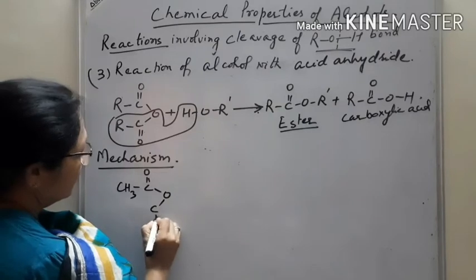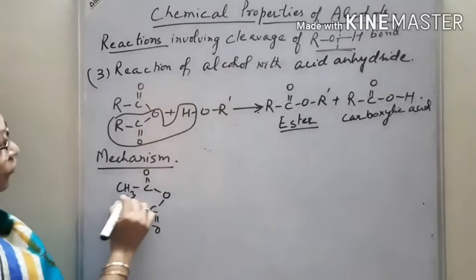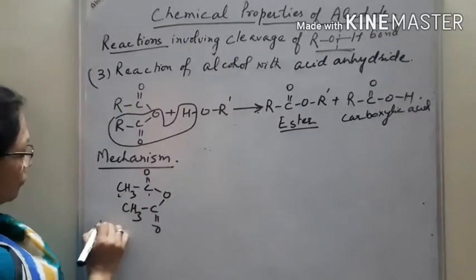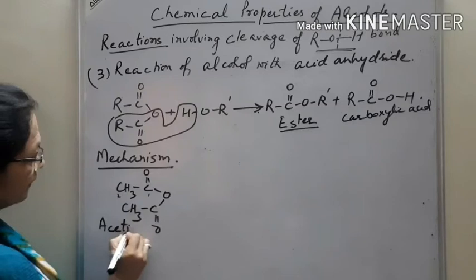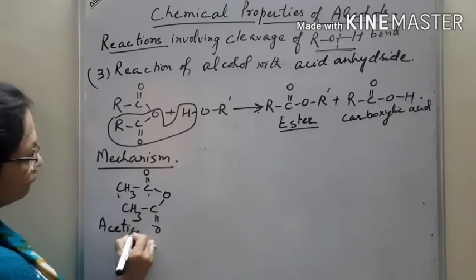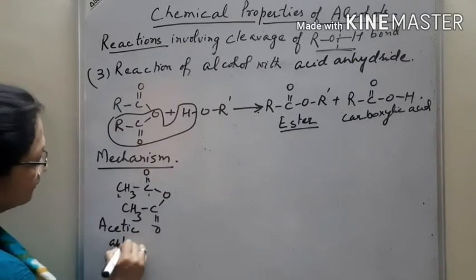For two carbons we use the acid, and for the carboxylic anhydride we write acetic anhydride.